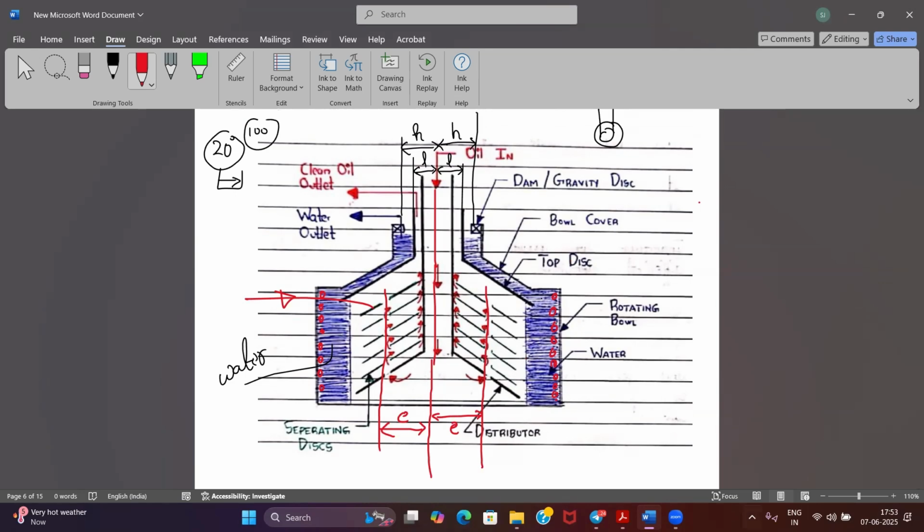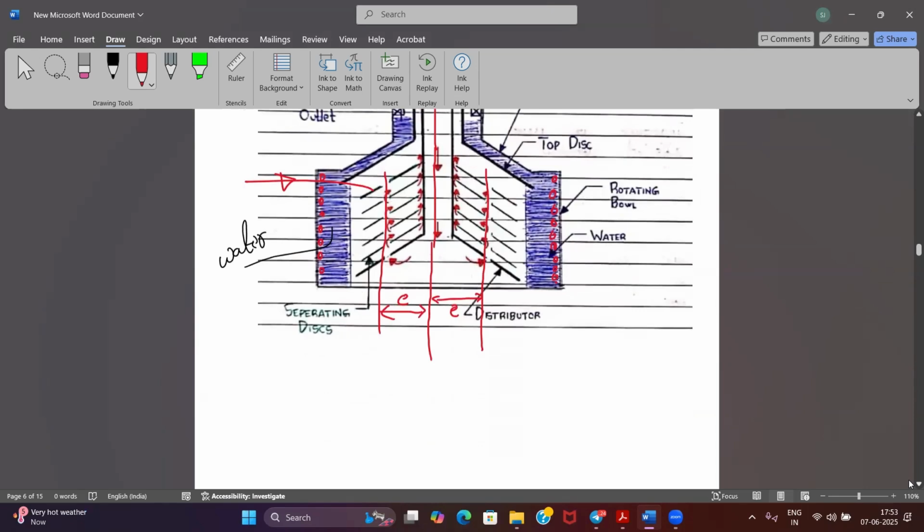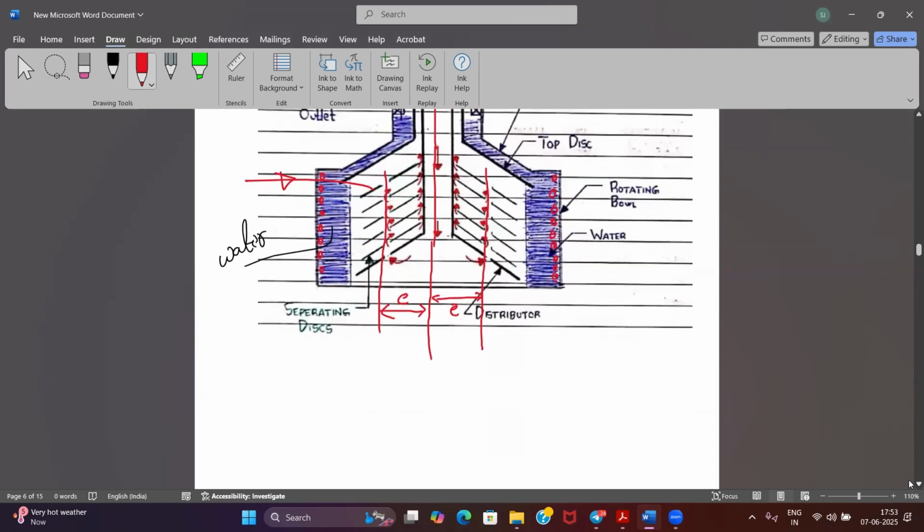So the distances are clear to everyone. With this, there is one more derivation that we are not going to do, but with that derivation, what we are getting is a balanced equation. You should remember that, as it will help you answer a few questions.